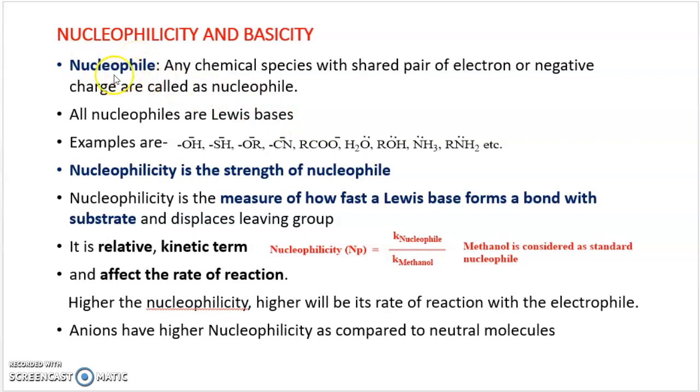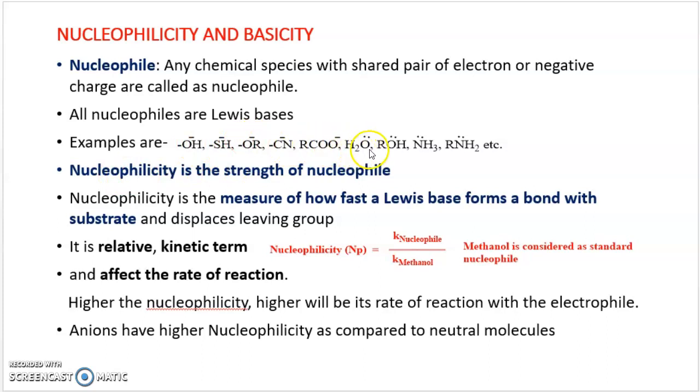So this is the definition of a nucleophile: any chemical species having a shared pair of electrons or a negative charge. Here are some examples. OH minus, SH minus, OR minus, cyanide, RCOO minus are all negatively charged nucleophiles.